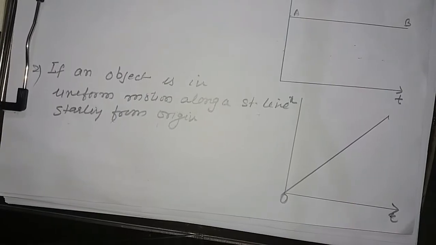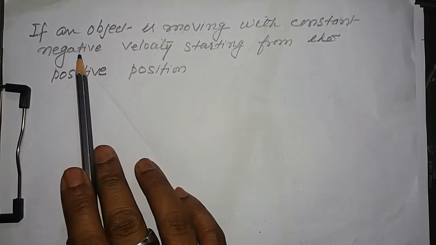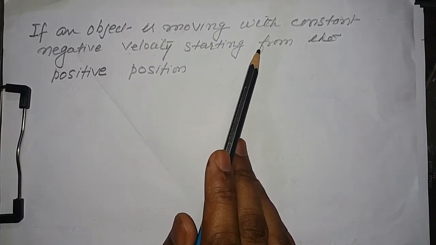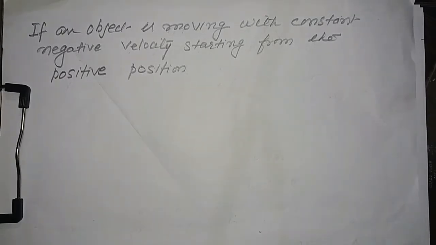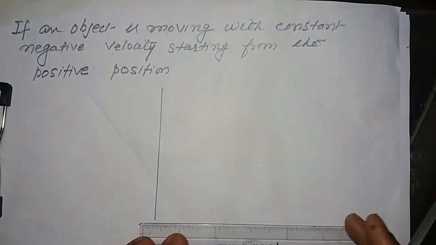Next one. Now, if an object is moving with constant negative velocity starting from a positive position, in that case the graph will be like this one.